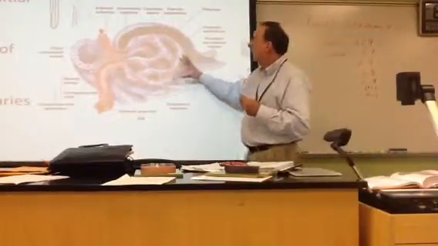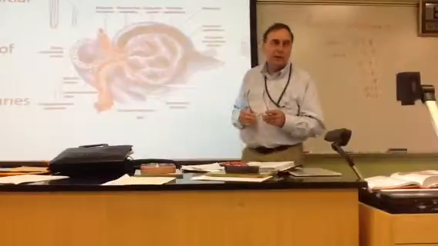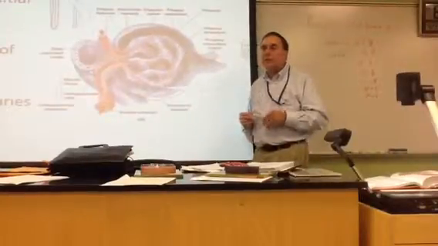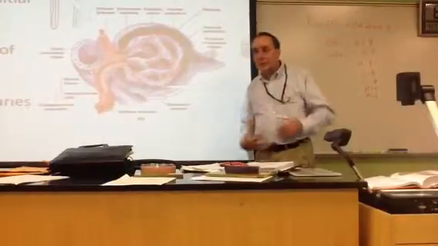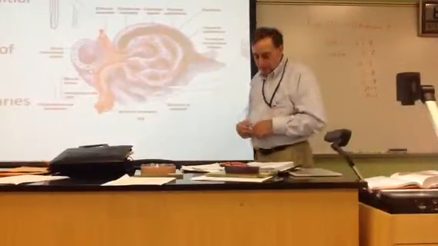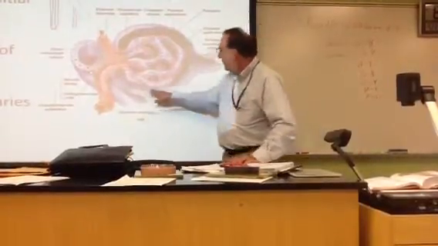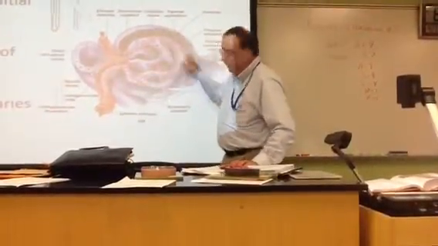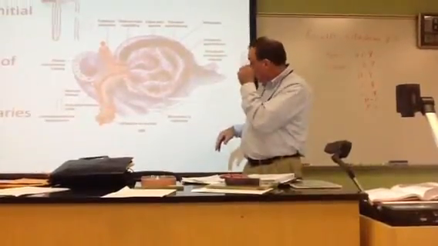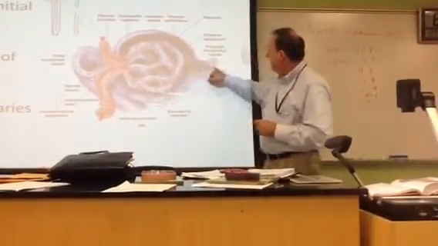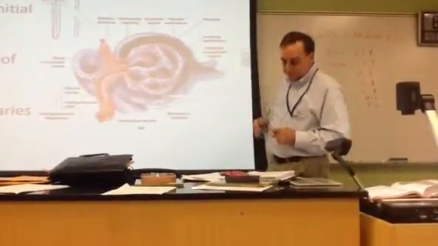The cells attached to the surface of the glomerulus are the visceral layer. And just like with the lungs, the parietal layer attached to the ribs and the visceral layer attached to the surface of the lungs. There's a subcapsular space in between where the fluid is going to be draining. The fluid then leaves the Bowman's capsule and immediately enters the proximal convoluted tubule.